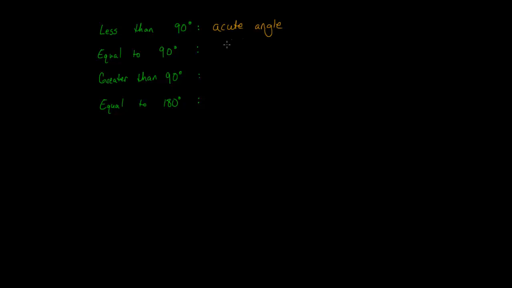If it's equal to 90, it is a right angle. If the measure is greater than 90 degrees, we're going to classify it as an obtuse angle.